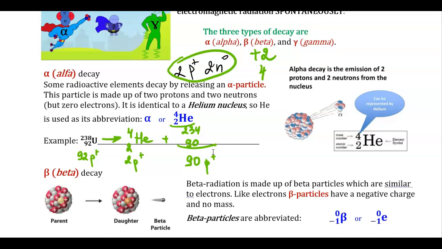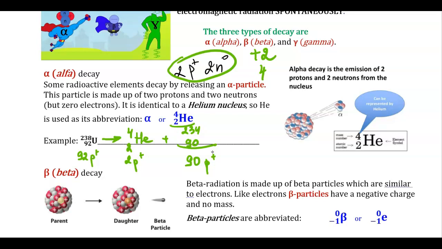How to check yourself? Are you correct or not? You need to add subscripts. 4 plus 234 gives us 238, and if you add 2 and 90, you will get 92. After, you need to go to the periodic table, and you all have them.